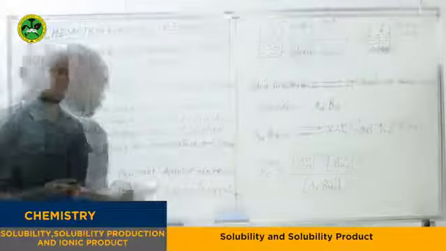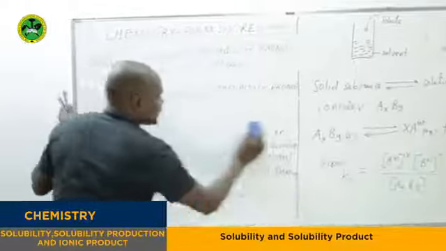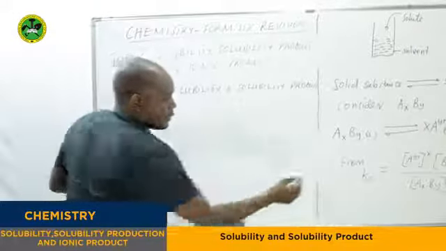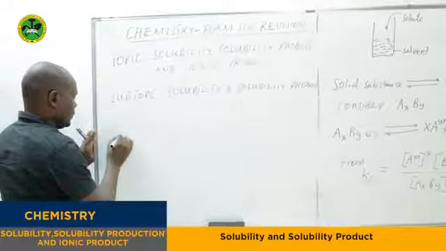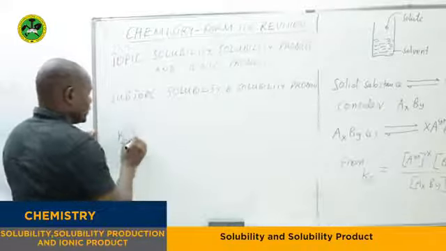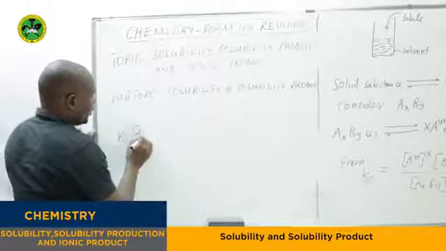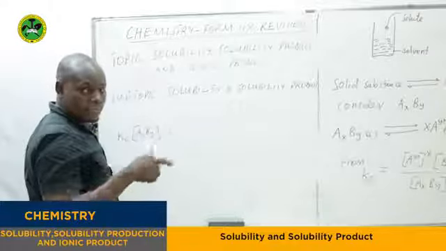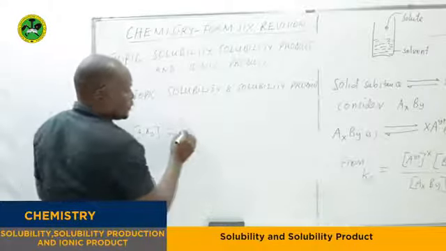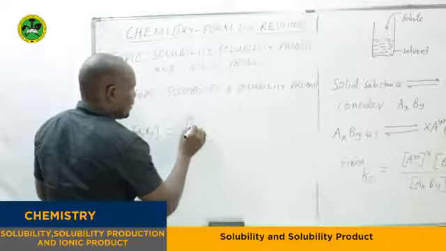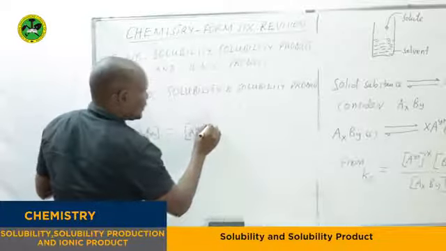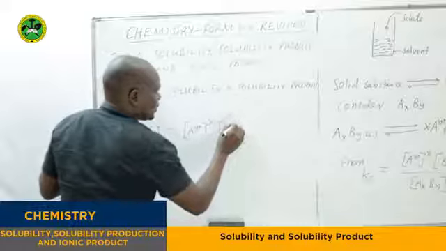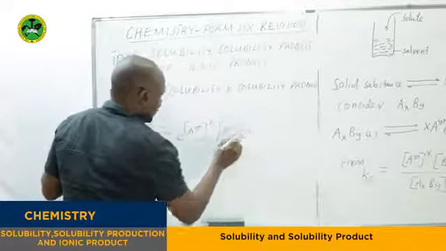From there, multiply by the concentration of the solid on both sides. We have Kc times the concentration of AxBy, our solid substance which undergoes dissolution, equal to the concentration of A^y+ raised to the power x, times the concentration of B^x- raised to the power y.